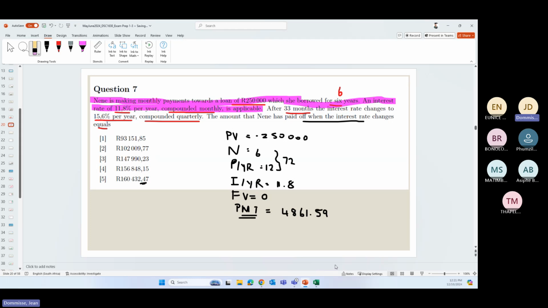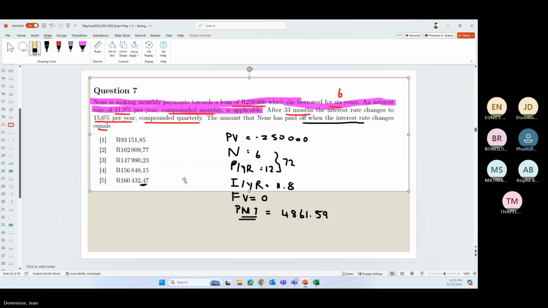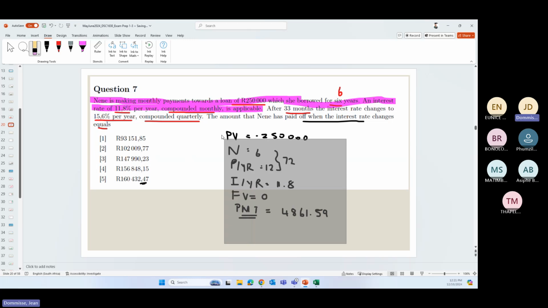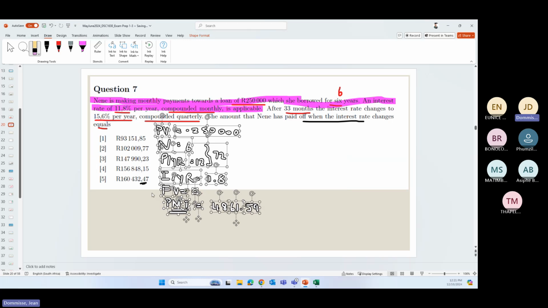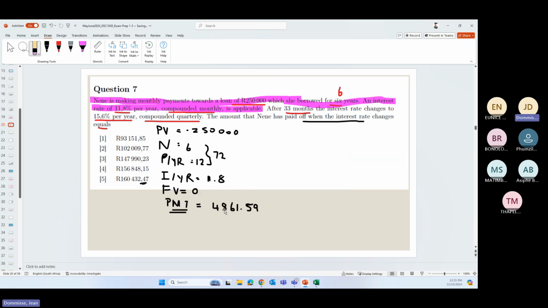So what we need to do now is, I just want to move this. Okay, so we've done the first part. Now let's just do a timeline here at the top. That was for the 33 months. 6 years, so 6 is 72.